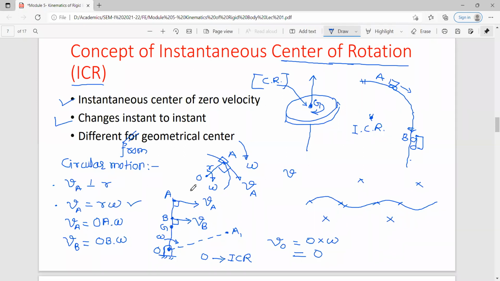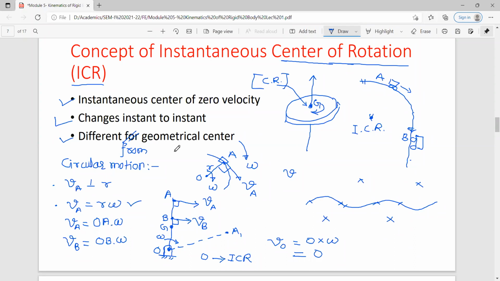So you do not confuse between a geometrical center and an ICR. That's the only thing over there, nothing much. Understood this? Yes or no?